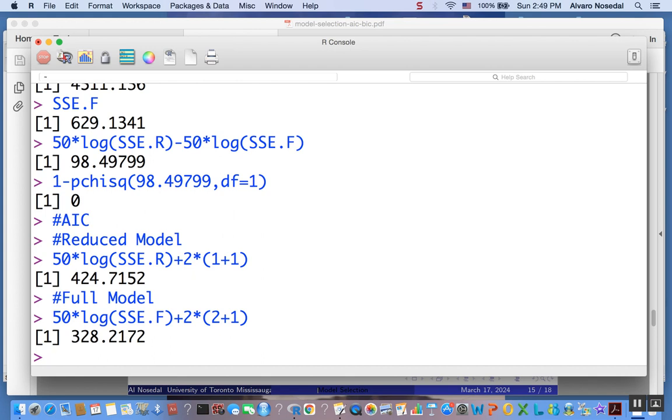As you can see, again, using Akaike's information criterion, we are going to prefer this model because it is closer to the data, even though we have taken into account the number of parameters in the more complicated model. Make sense?